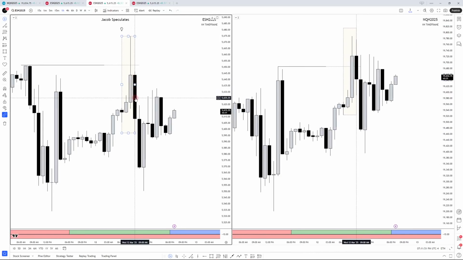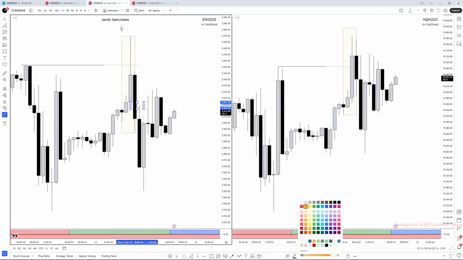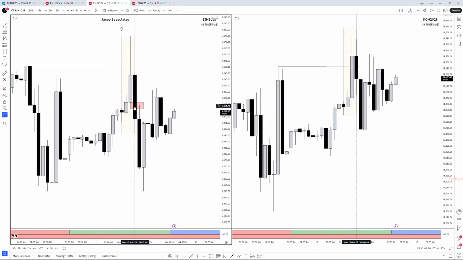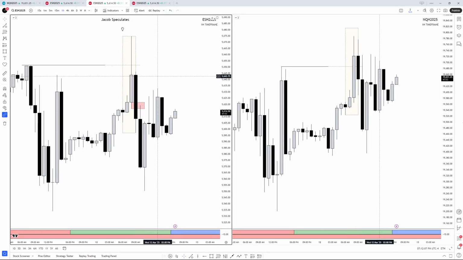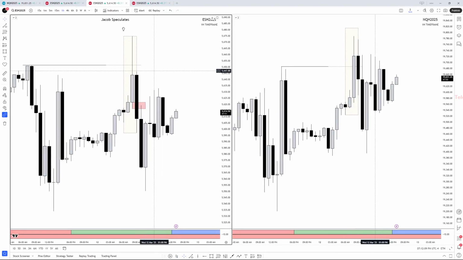And we have our change in the state of delivery in the second half of the TPD. What is this? What would this be classified as right here? Exactly, a reversion level.